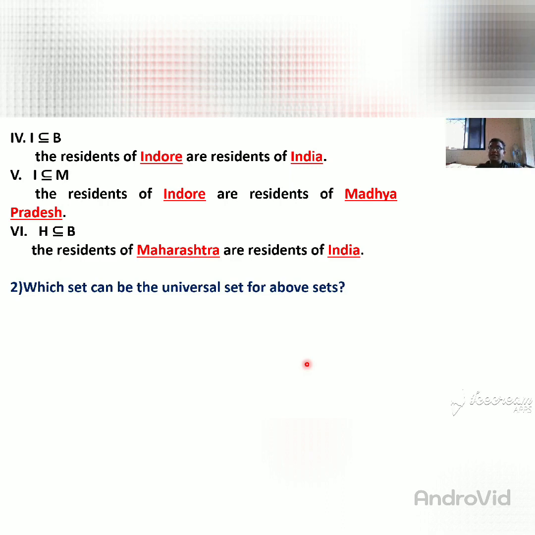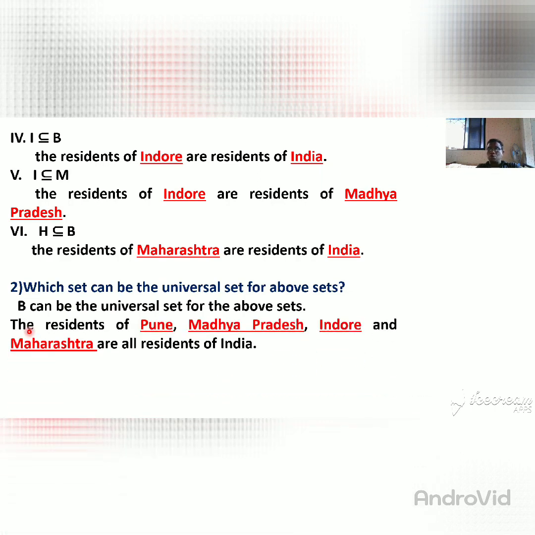Here all the sets are subsets of B. What is B? B is India. So India is the universal set.